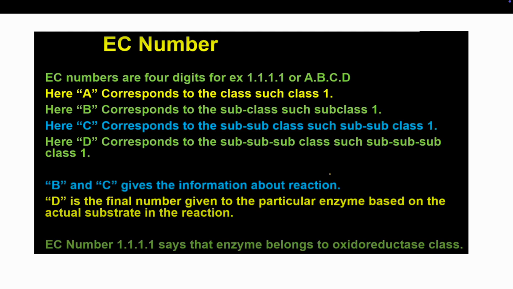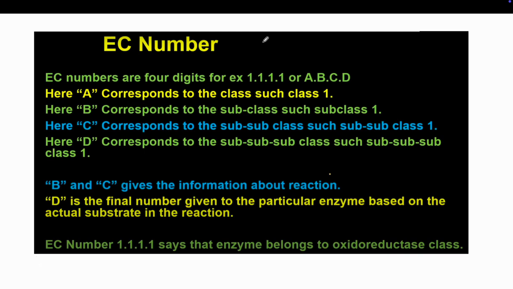Then we have the enzyme classification number, the EC number. An enzyme can be classified by a 4-digit EC number, for example 1.1.1.1, and each digit has its own significance.